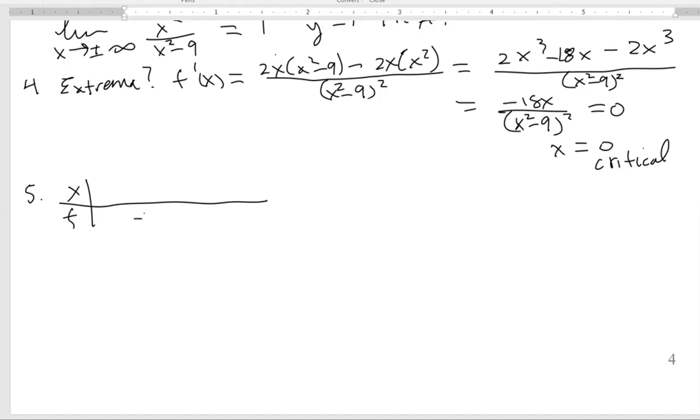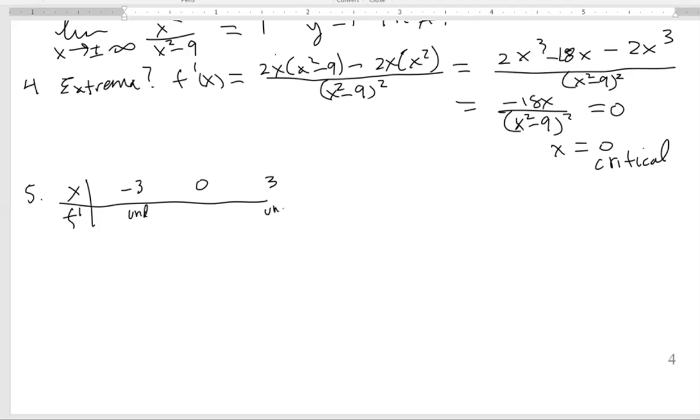We got a negative 3, we got a 3, and we have, whoops, I got that in the wrong place. Sorry. That would be over here. We have a negative 3 and a 3, and we also have the 0 that we're worried about. So in here, this is f prime. This is undefined.